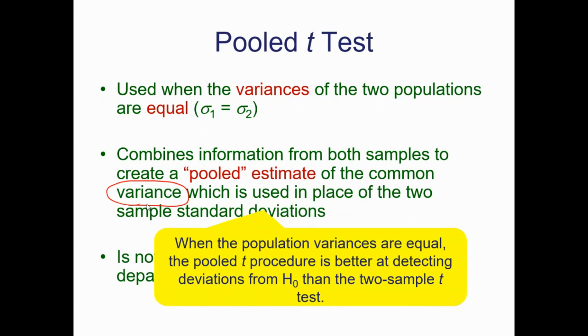So when the population variances are equal, the pooled t procedure is actually better at detecting deviations from H naught than if we were to keep them in two separate samples.